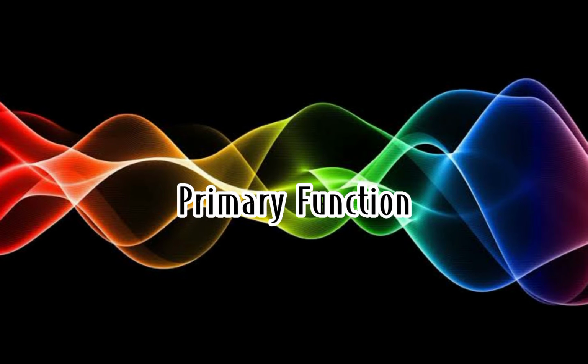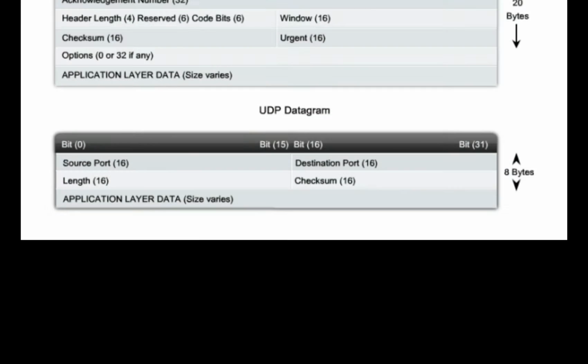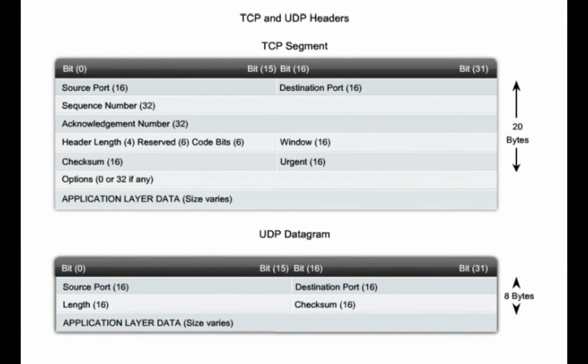Primary function. Segmentation and reassembly. Most networks have a limitation on the amount of data that can be included.